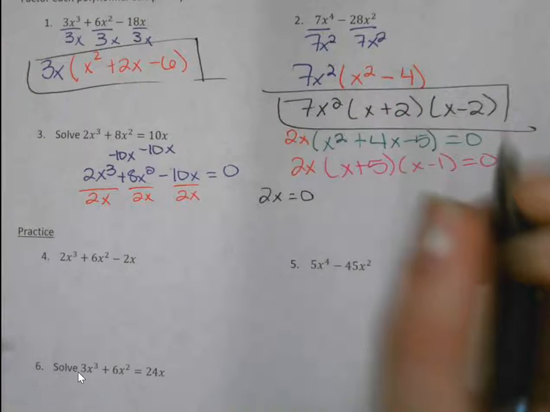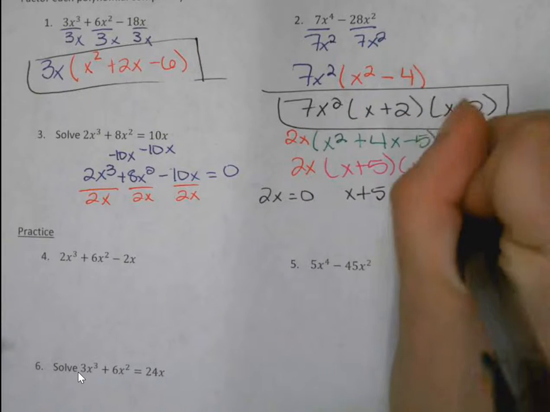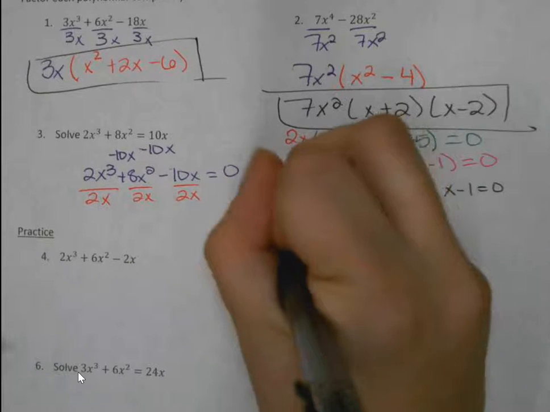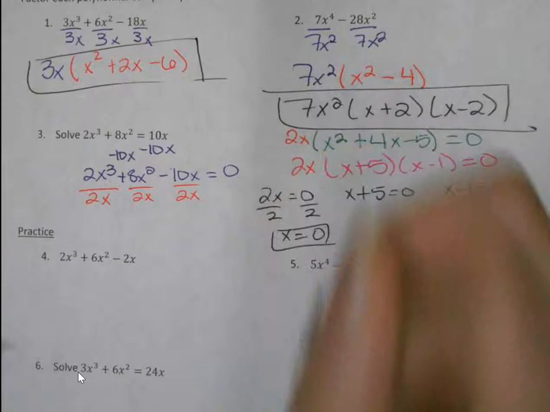I have 2x equals 0, x plus 5 equals 0, and x minus 1 equals 0. Then how do I solve all of those? Divide the first one by 2. So I divide both sides by 2, I get x equals 0.